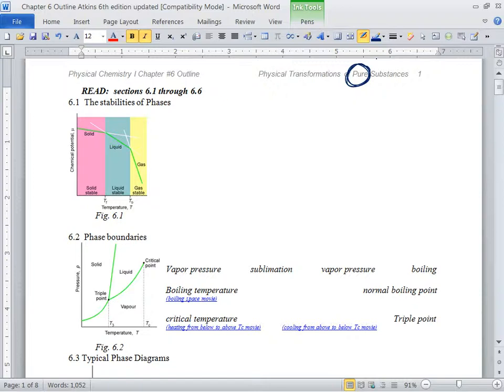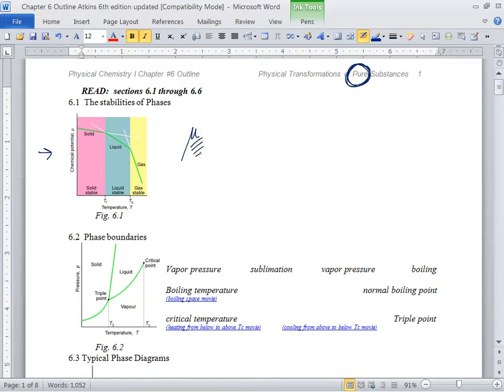And then the book is going to spend a lot of time on these phase diagrams. And it starts out by saying, okay, a phase diagram is just pick a pressure and pick a temperature and what state is the most stable. And okay, that's easy enough, but it starts out by saying, okay, well, how do you determine which state is the most stable? It's the state with the lowest, what?